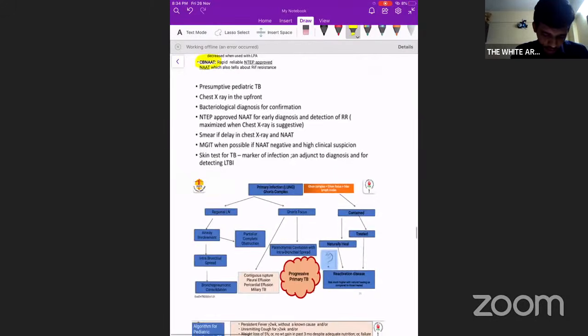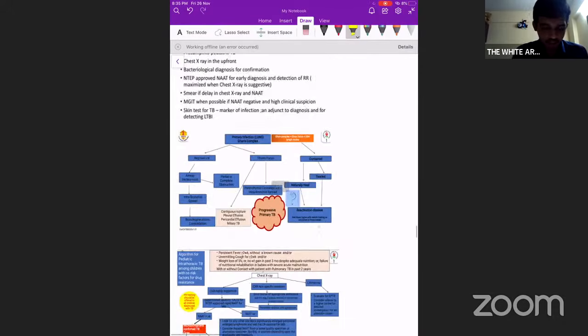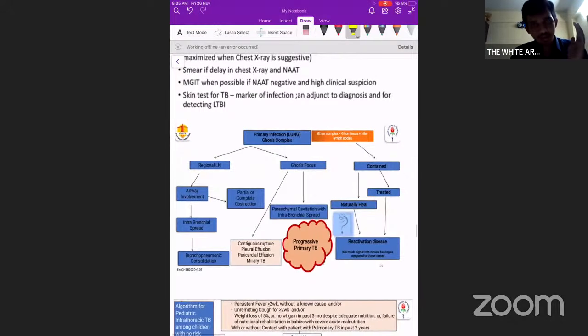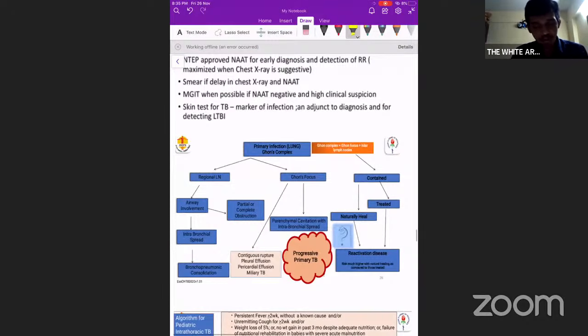Fine. So to summarize whatever we have read till now, before we go into the treatment, one is the disease part, the other is the diagnosis part. First, a child who gets infected within 5 years forms the Ghon complex. So the regional lymph node can be involved, and the Ghon focus. If the child manages to contain the infection, no problem as such.